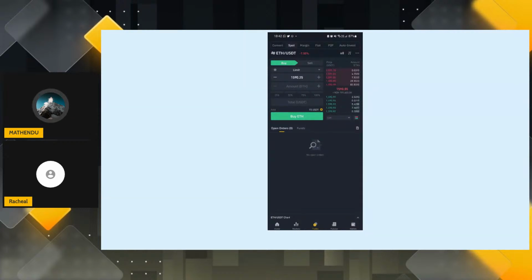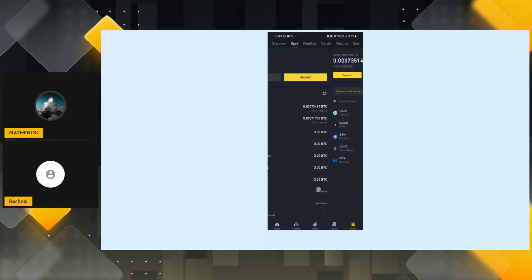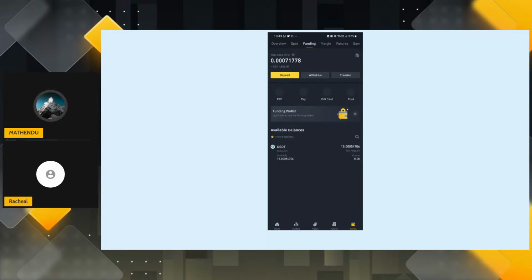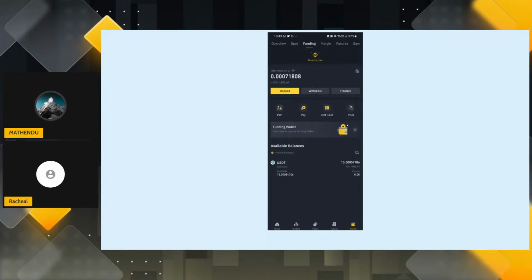Just before I go to demonstrate more on that part, I'd like us to understand what spot trading is under the spot wallet. In case you buy funds on P2P, they'll automatically come into the funding wallet.